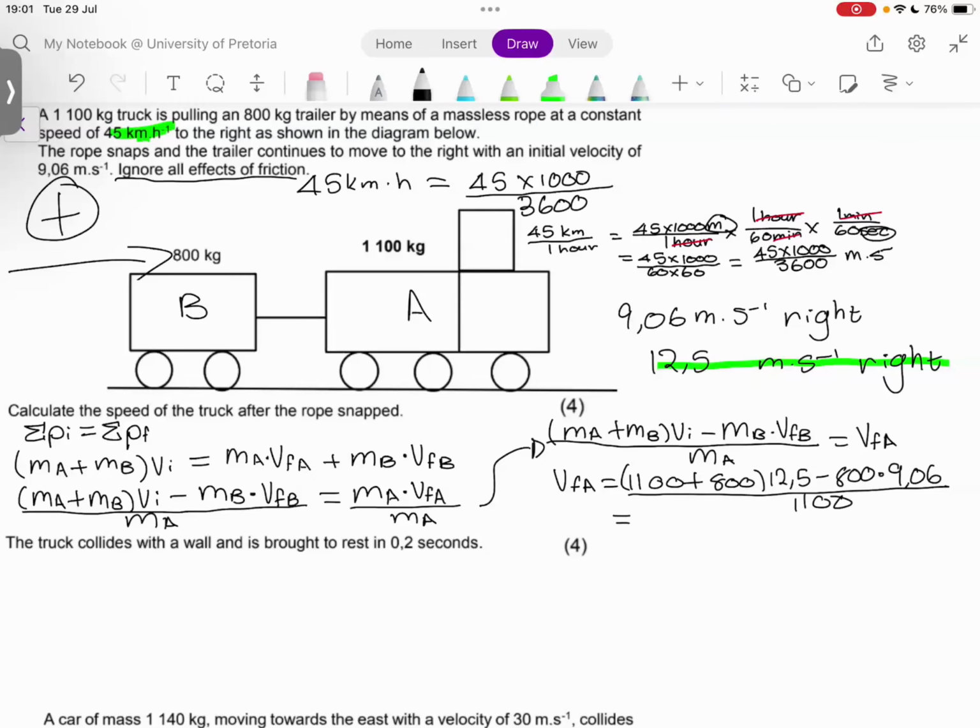Ooh, the final answer for this one would be 15 meters per second right. This is a vector, so we are specifying right. Can I get thumbs up or just an indication in chat if I've lost you guys at any point, or if we're all on the same page and you see how we've gotten to this final answer?